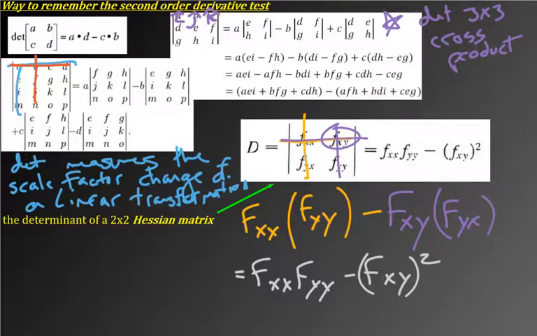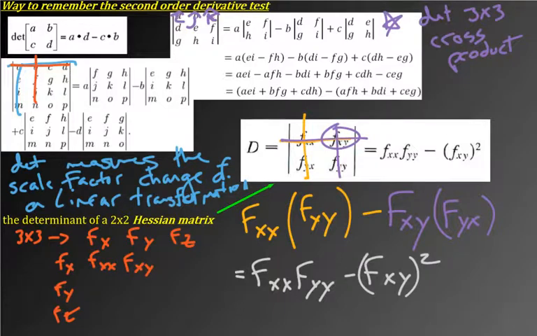So just to see what a 3x3 one looks like, I always just think about it this way: f x, f y, f z, f x, f y, f z, and a quick way to make sure that you're not missing any partials is to just do this kind of thing.